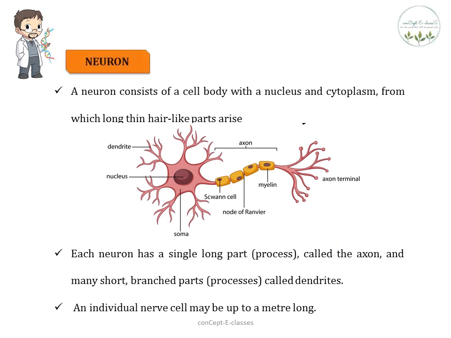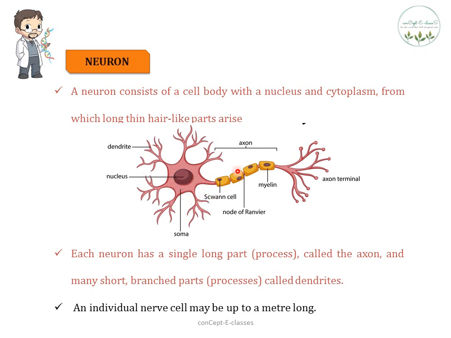So the neuron consists of a cell body with a nucleus and a cytoplasm from which long thin hair-like parts arise. Each neuron has a single long process called an axon and many short branched processes called dendrites.